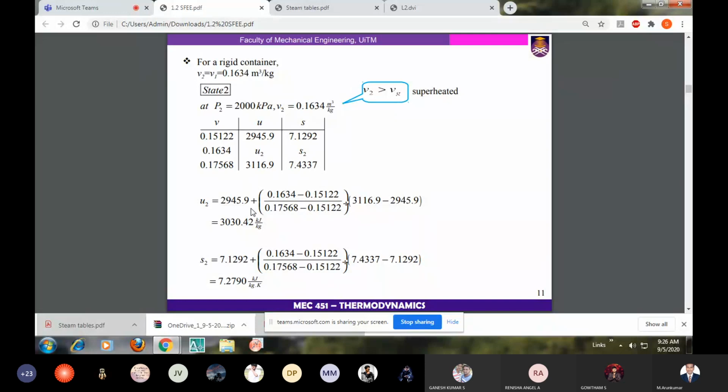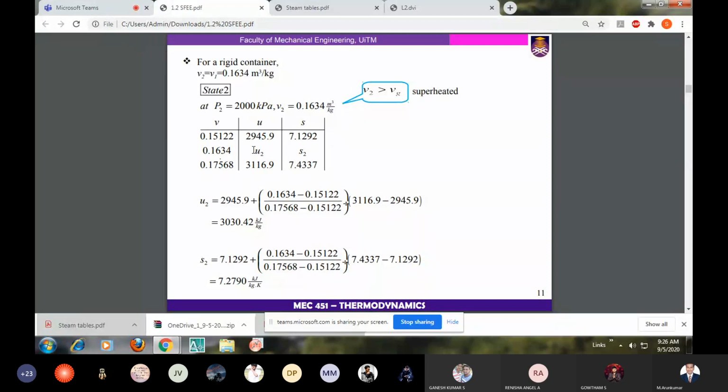So this is the interpolation formula. Go through this one. How can we interpolate? If this property is not available in the table, we can take the interpolation formula to get these values, right?